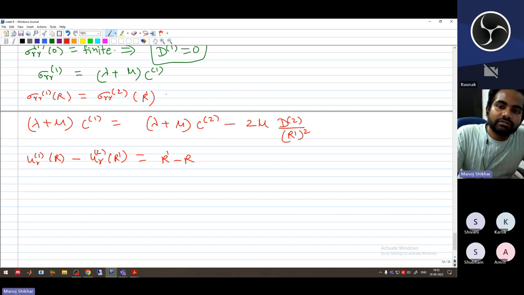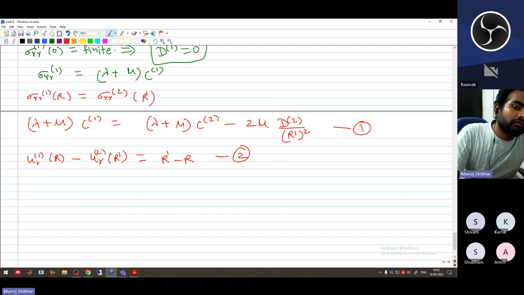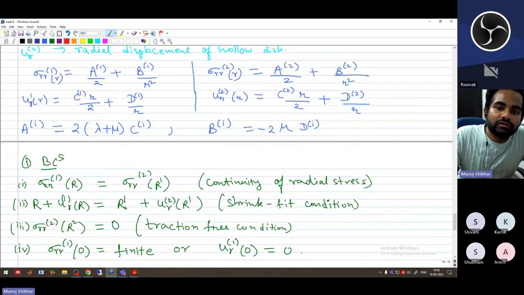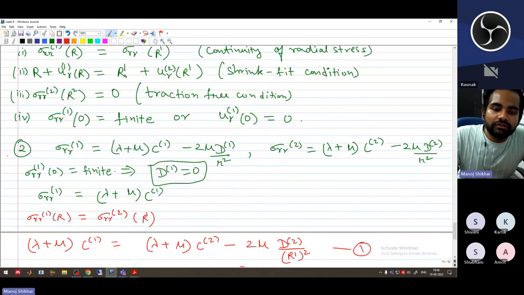So we have two equations. This is equation number 1. This is equation number 2. And what we can do is replace U1. We also know the expressions of U1, U2, so we can replace them here.